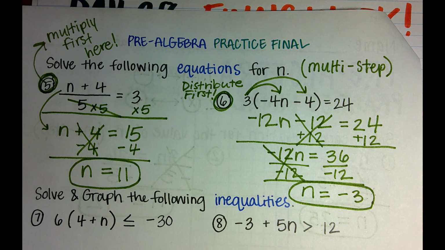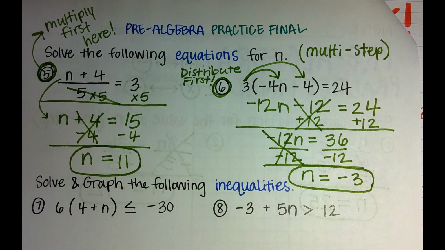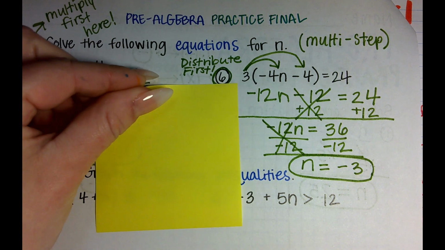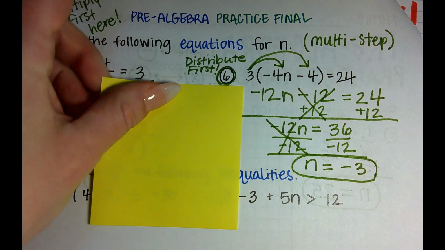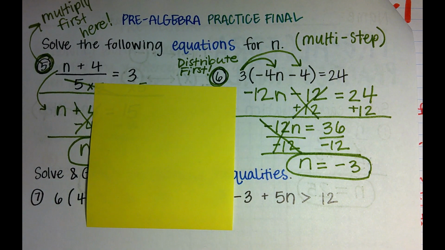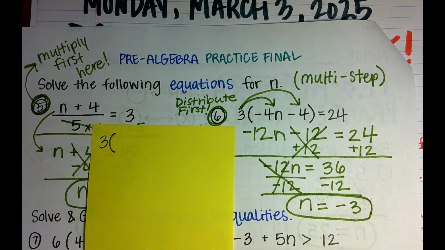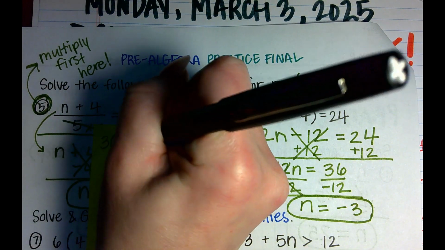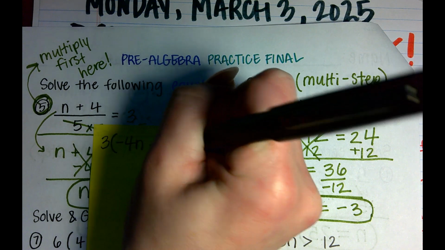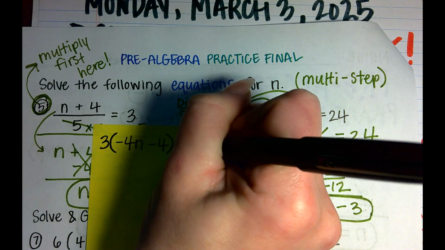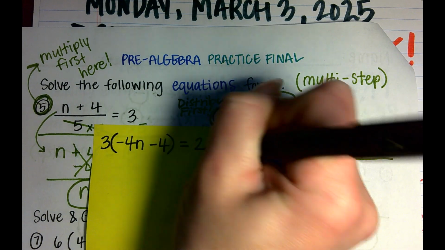Okay. Perfect. Okay, so I will show one more way to solve number 6 in case you don't like using distribution. So I'm just going to rewrite the problem. We have 3 times negative 4n minus 4 equals 24.